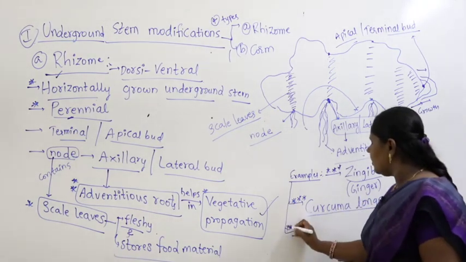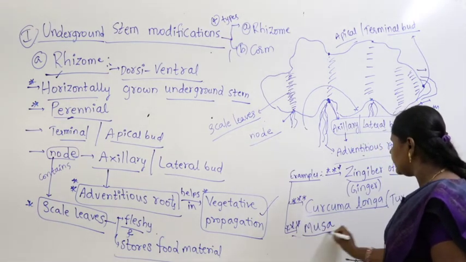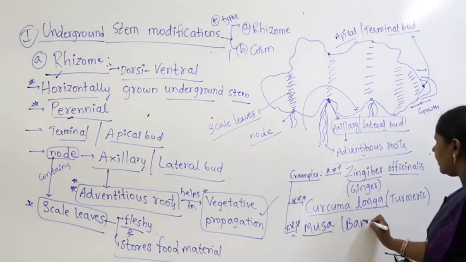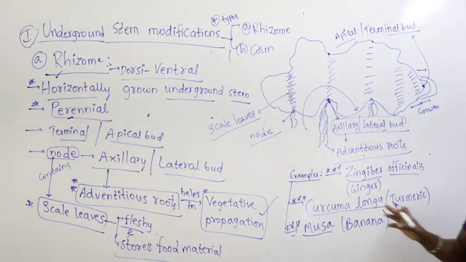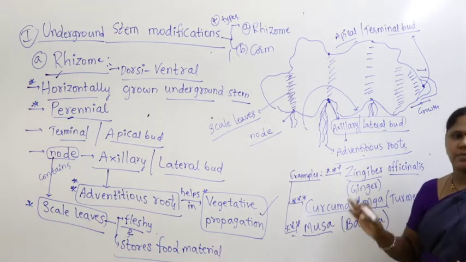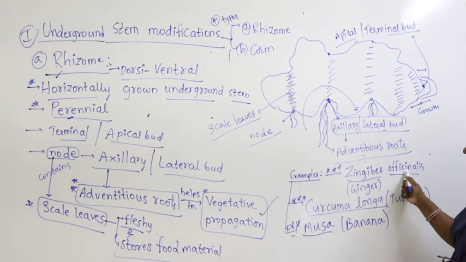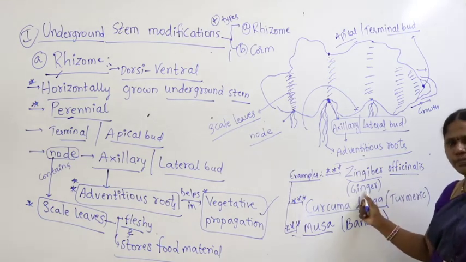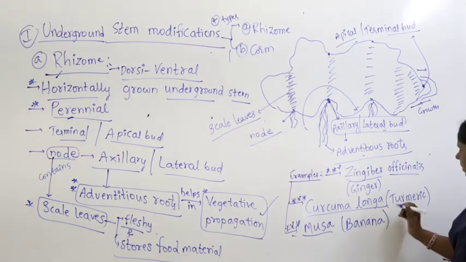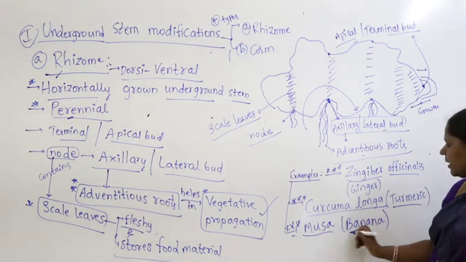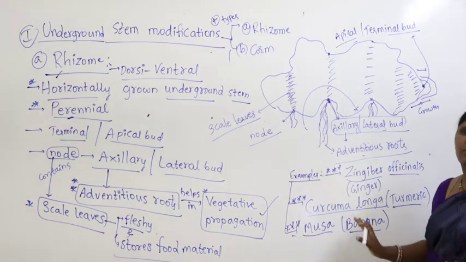Then we can also write another very important example, Musa paradisiaca, commonly called banana. The 3 examples we discussed here are very important. Gingiber officinalis, commonly called ginger. Curcuma longa, commonly called turmeric, right? And Musa paradisiaca, commonly called banana.